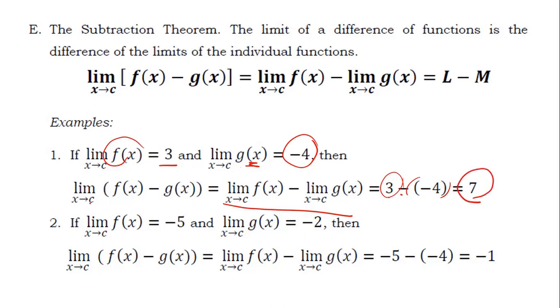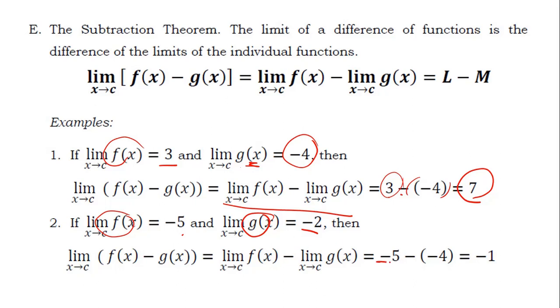And then we have example number 2. The limit of this function is negative 5, and the limit of this function is negative 2. In this case, the limits are already given. But if they are not given, you can use the previous or other laws in finding the limit before you execute the operation.